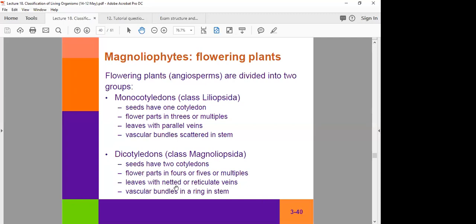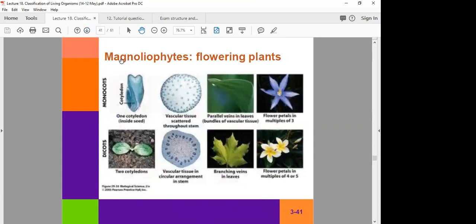Leaves have netted or branched or reticulate venation, and the vascular bundles form a ring within the stem. So we can look at those characteristics on this slide. We've got the monocots across the top and characteristics of the dicots at the bottom there.